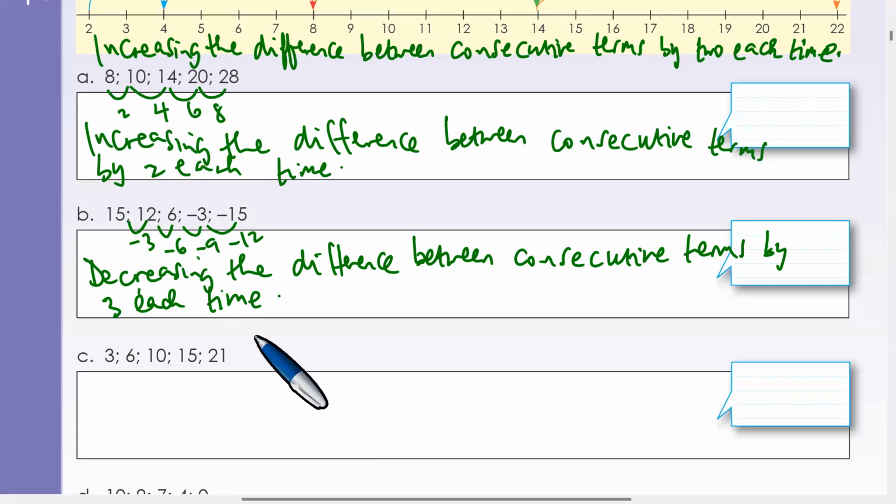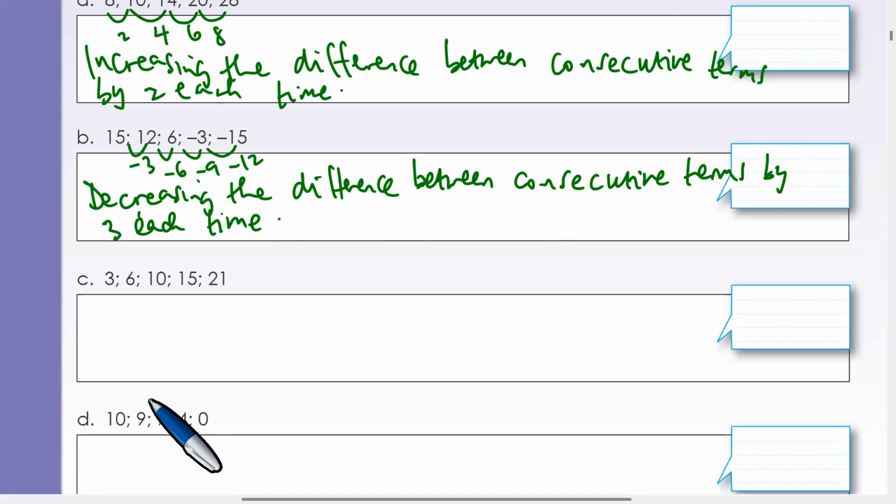So we continue. What about C? C is a constant ratio.